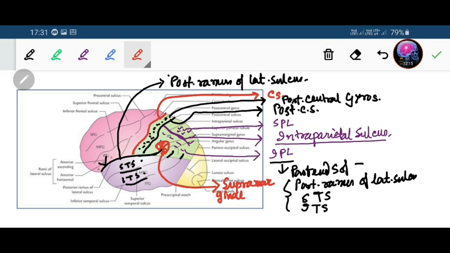And the gyrus that surrounds the posterior end of the superior temporal sulcus is called the angular gyrus.